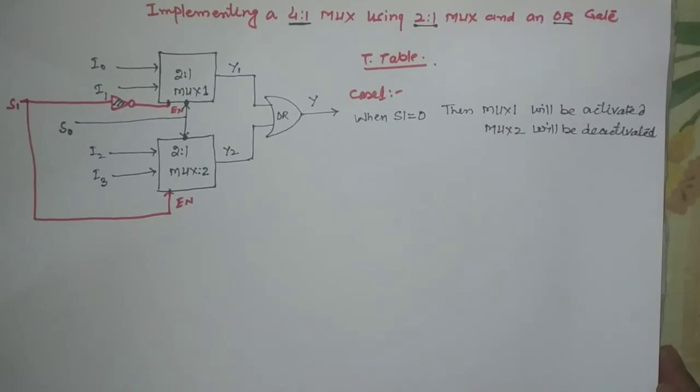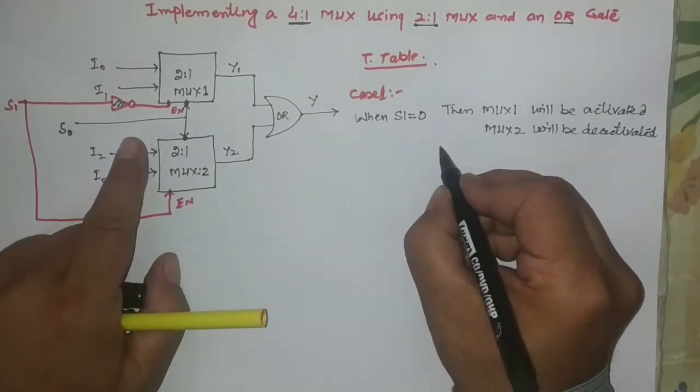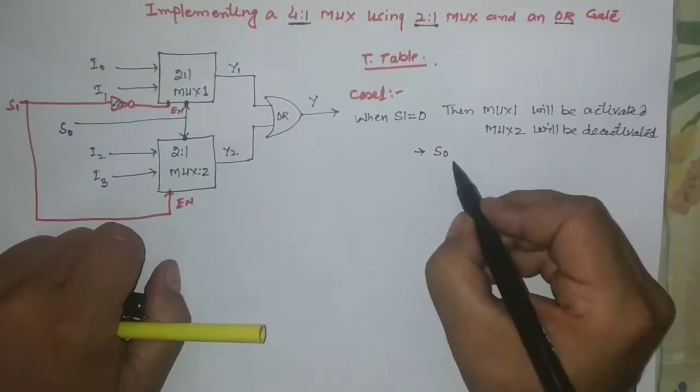If mux 1 is activated, then we have to see the values of S0.